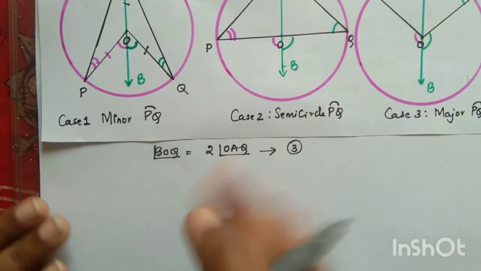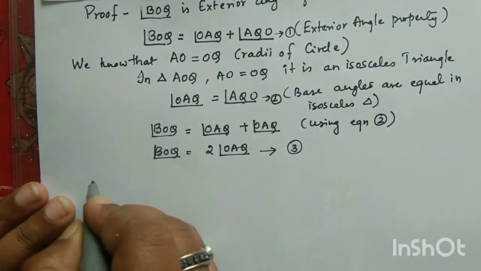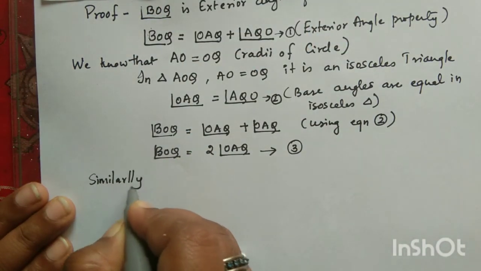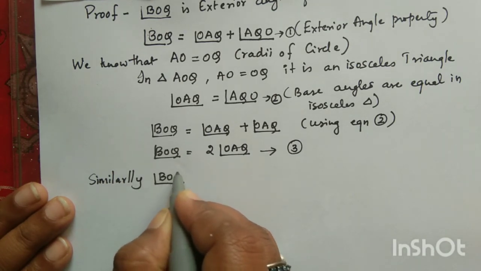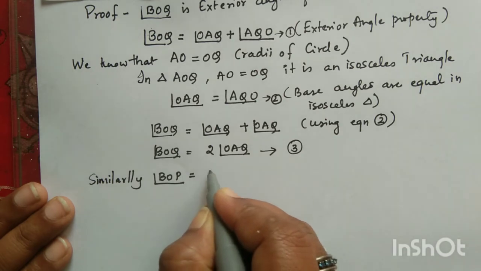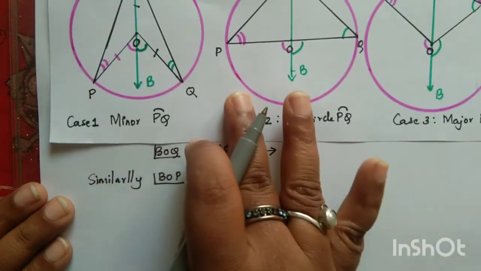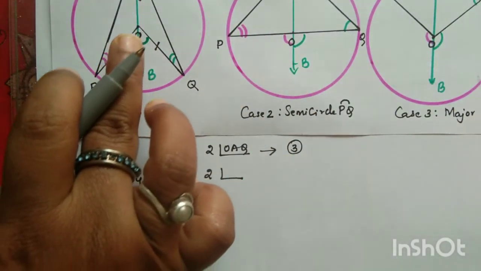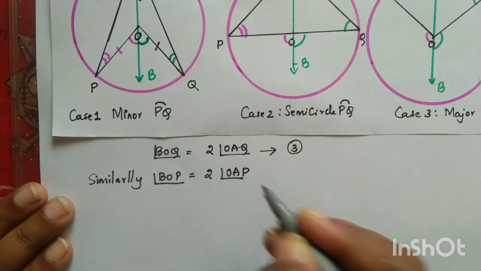So we will just write down here. Similarly, angle BOP is equal to twice of angle OAP.